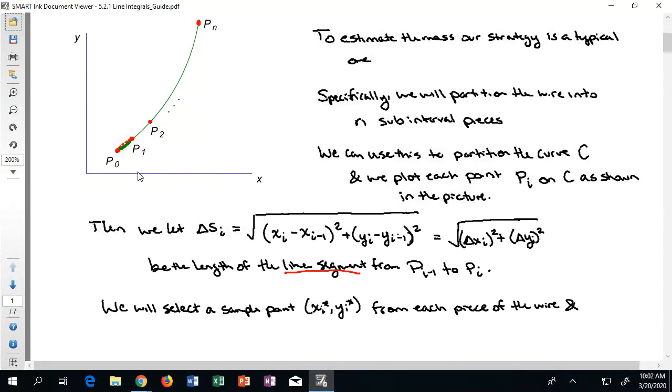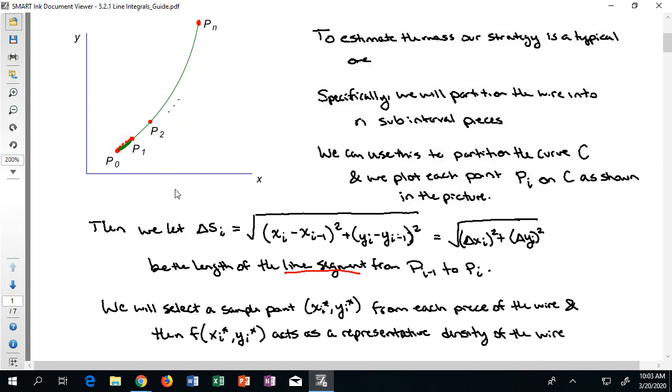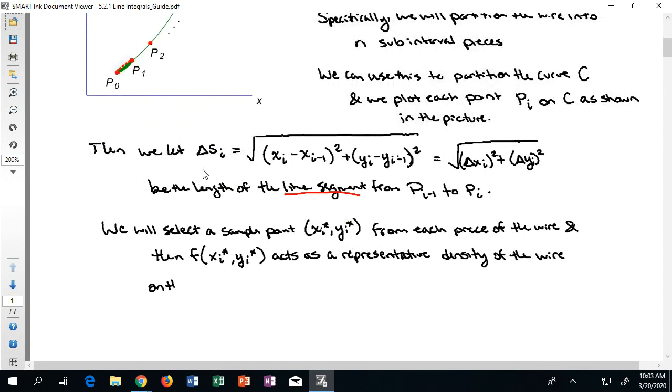So I'll say I select this sample point, and then f of that special point acts as a representative density of the wire on the ith wire segment.